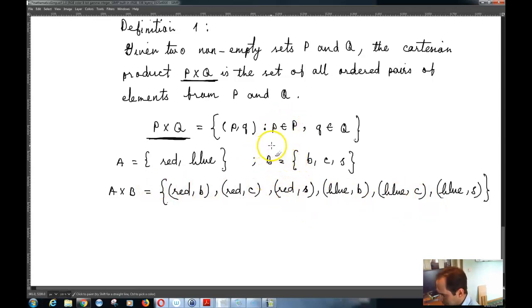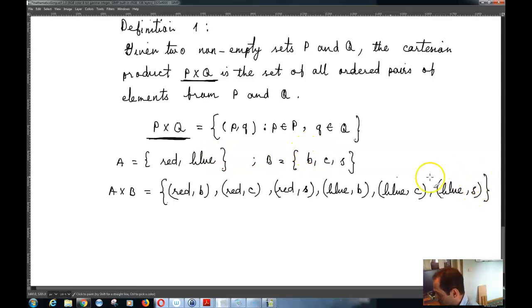And as you can see, all of these objects that you can see here are distinct objects.